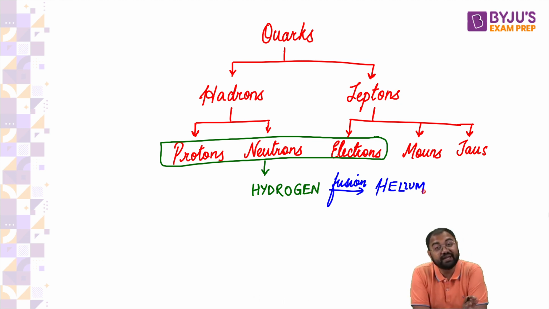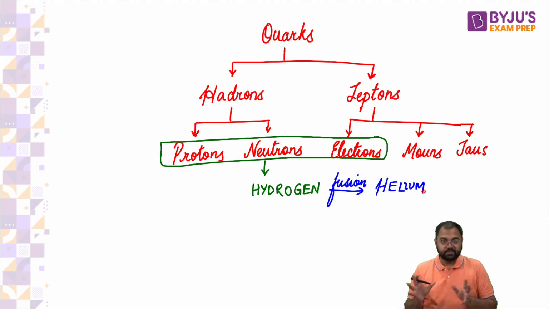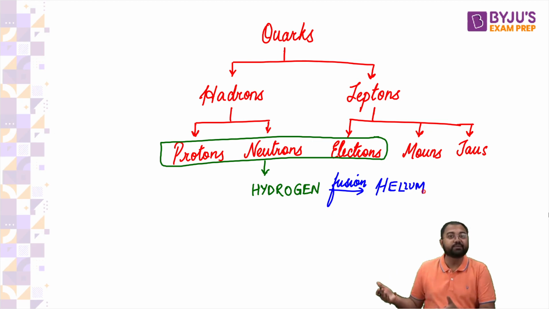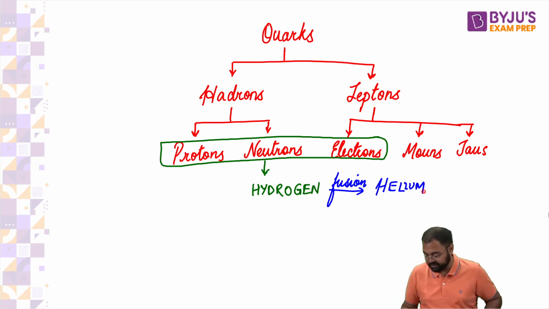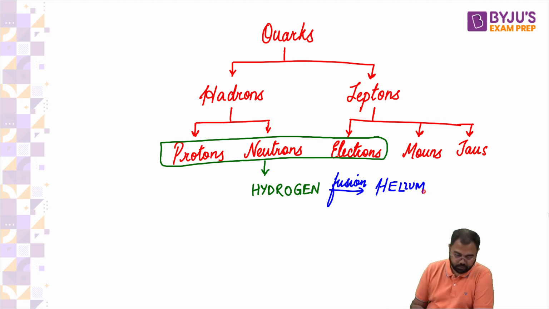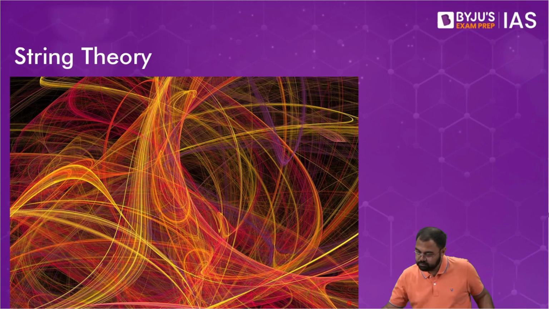And then after that, other gases, etc., also start coming into existence. That is the reason why the amount of hydrogen and helium in the universe is much more as compared to any other element.